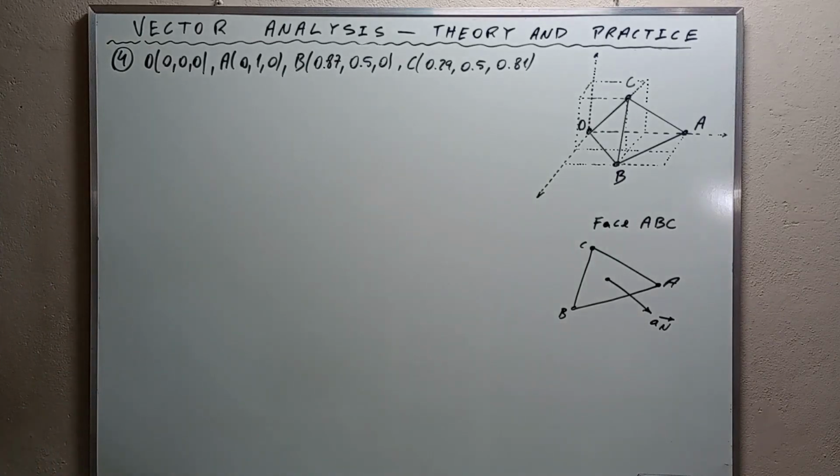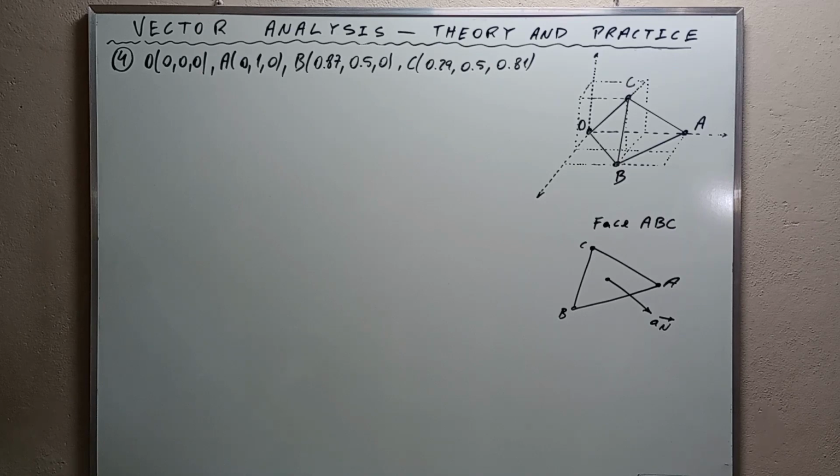AN is the unit vector perpendicular to the face, pointing outwards. The unit vector will be in the direction of, we are going to use the cross product now.